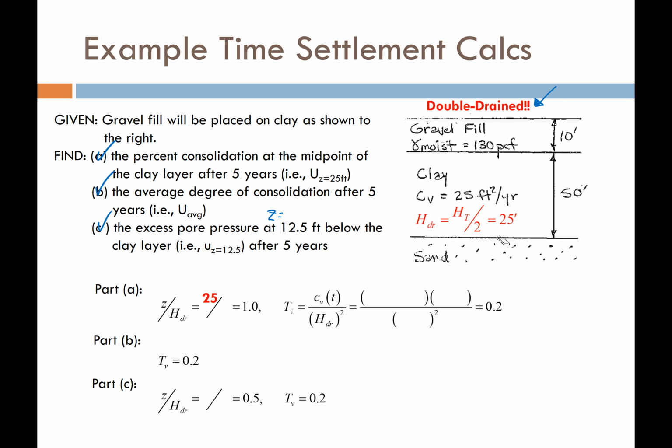Okay, so if HDR is 25 feet, and we're 25 feet down to the middle of my clay layer, then that ratio is just going to equal 1.